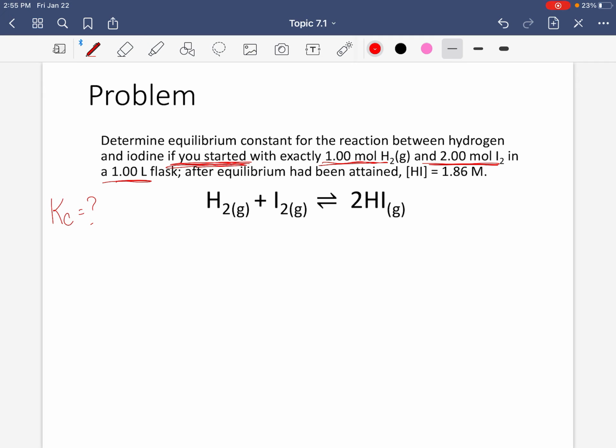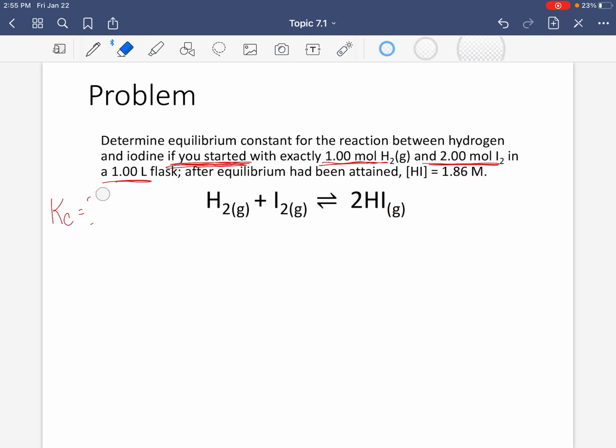It's not at equilibrium. You want to know, what is it at equilibrium? Well, I did give you one value though. It says at equilibrium, HI, which is this, is 1.86.